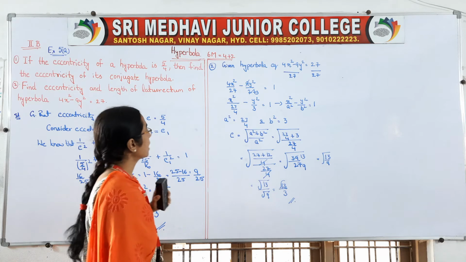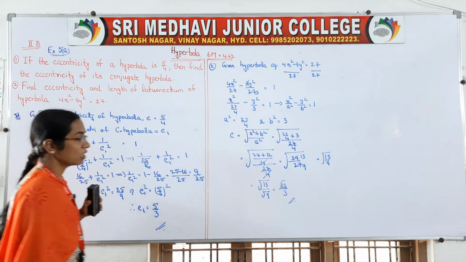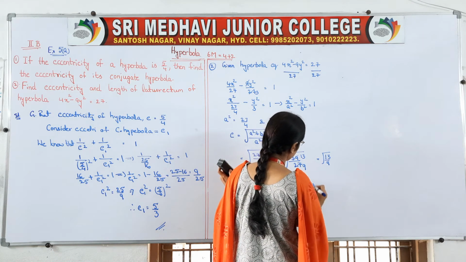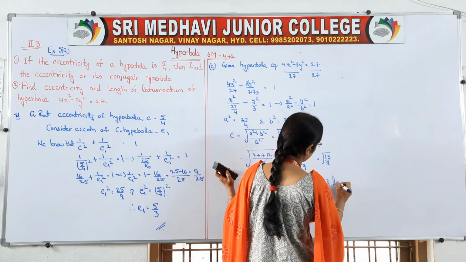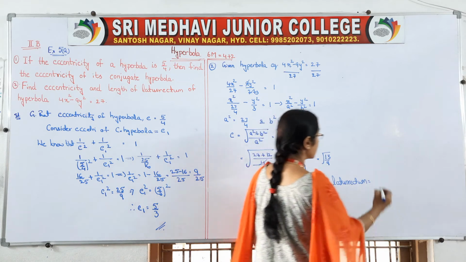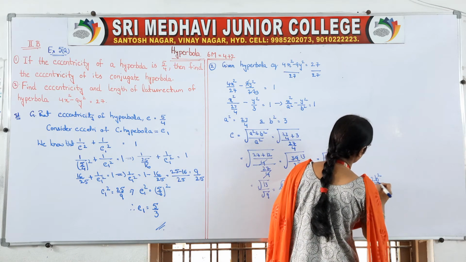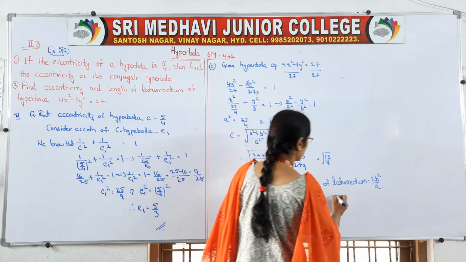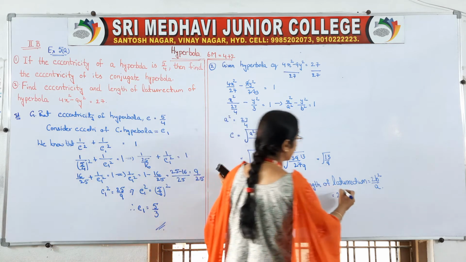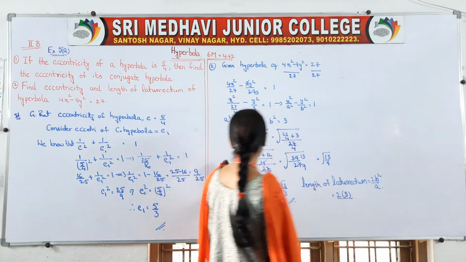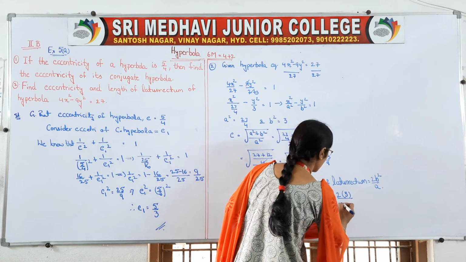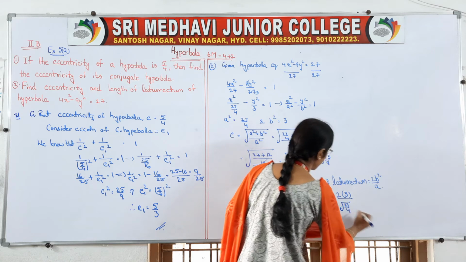Next, the length of latus rectum is also there. The formula for the length of latus rectum is 2b square by a. So it is 2 into b square, which is 3, by a. A means we got a square, so a is the root of this value, that is root of 27 by 4.